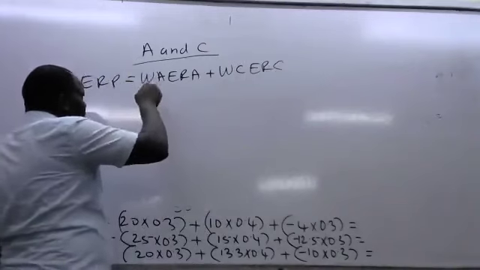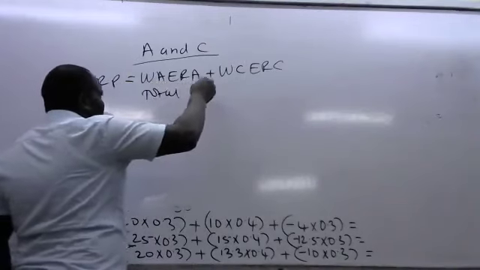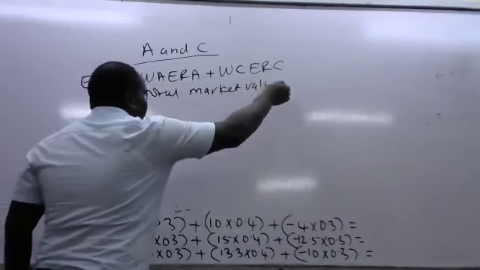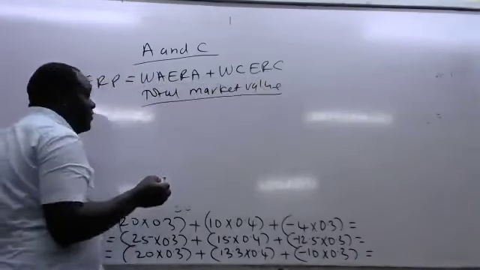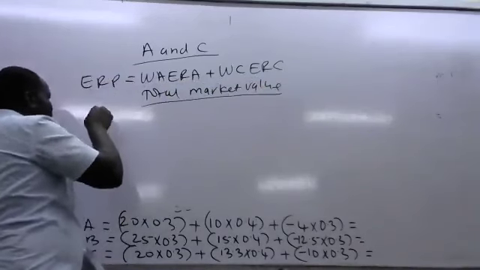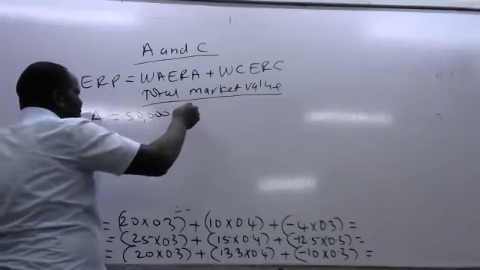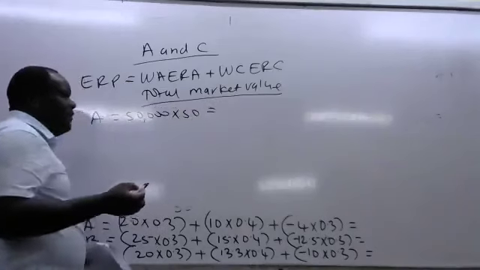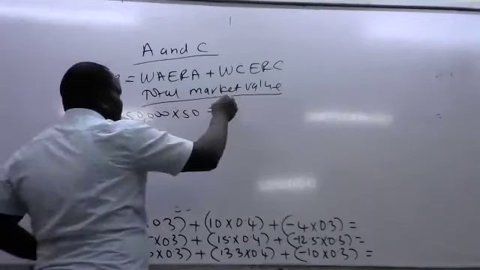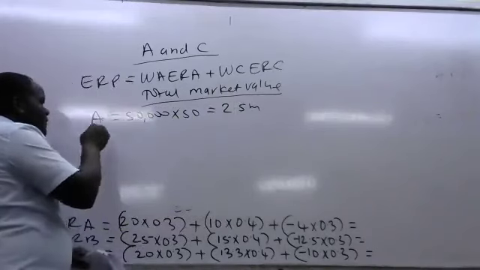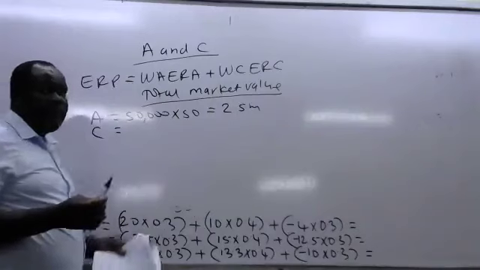For A, the number of shares are 50,000 multiplied by 50. It was 2.5 million.